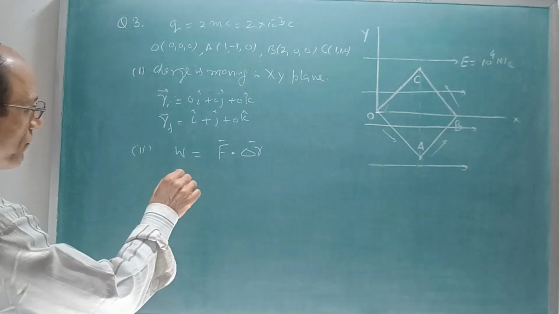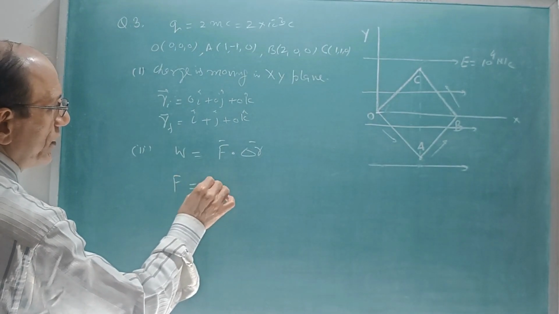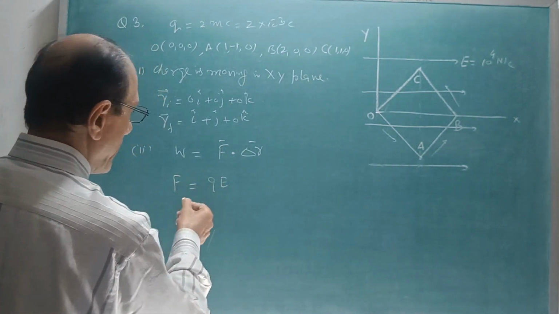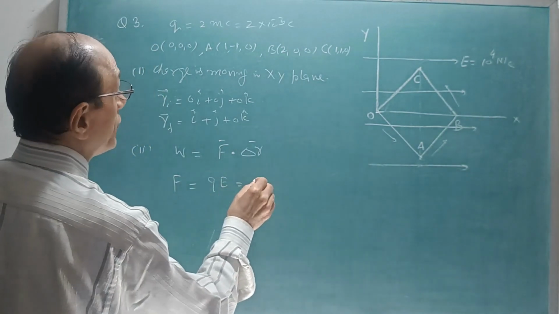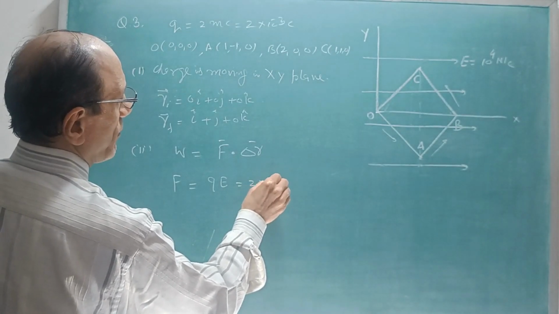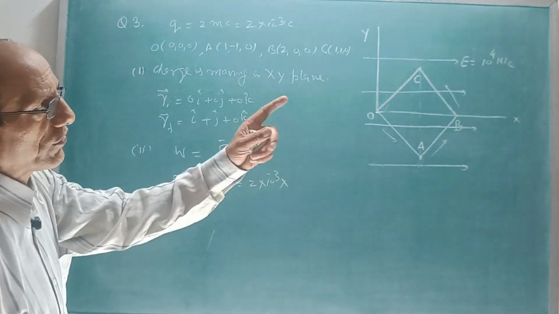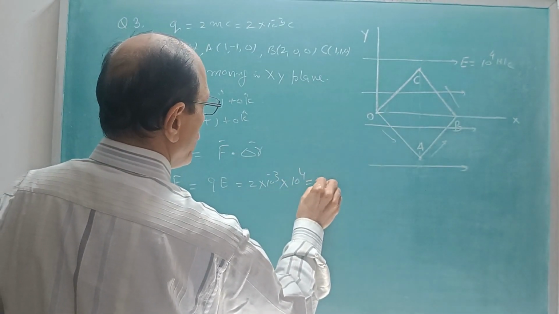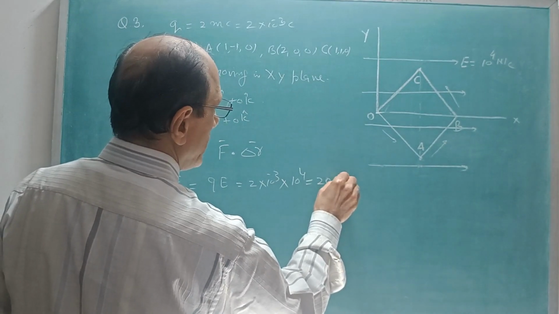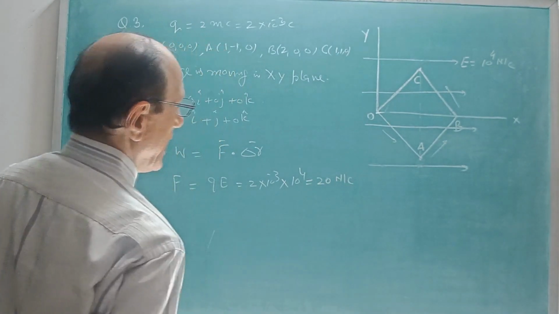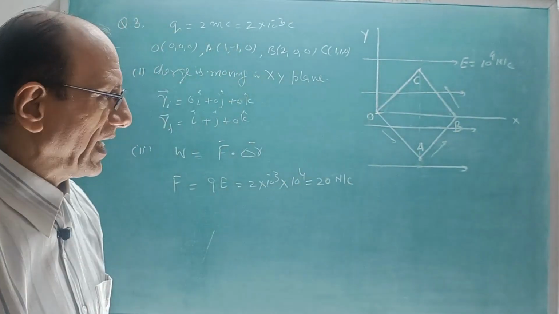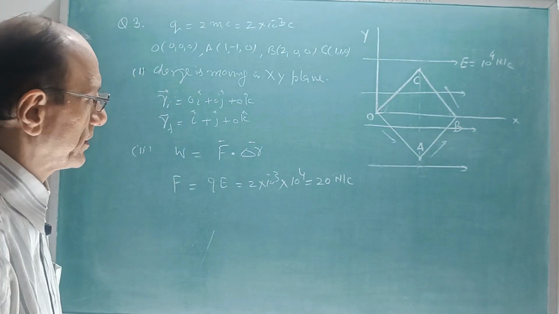Here force is equal to Q into E. The magnitude of the force is Q, 2 into 10 to the power minus 3, into the magnitude of E, 10 to the power 4, that is 20 Newton, and it is directed along the x-axis as mentioned in the question itself.